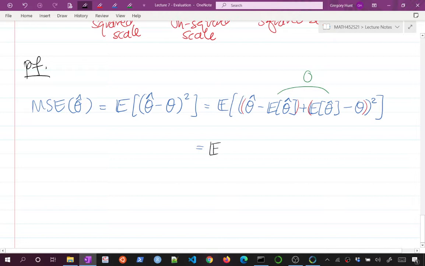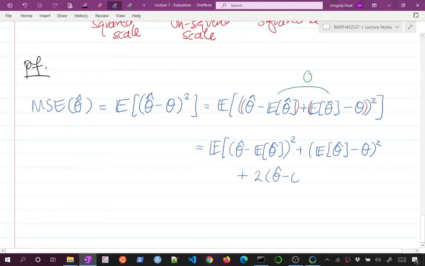If I square things out, I get the square of the first grouping, of course I'll have the square of the second grouping, and then I get the cross terms between these two groupings, which is 2 times theta hat minus expected value of theta hat, times expected value of theta hat minus theta. And all of that is in this outer expectation.